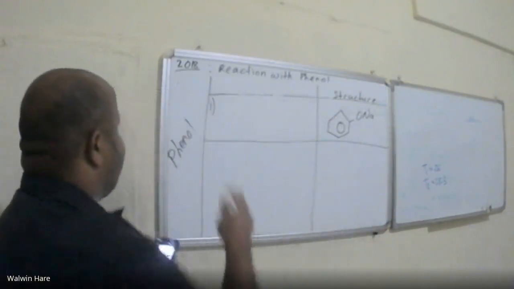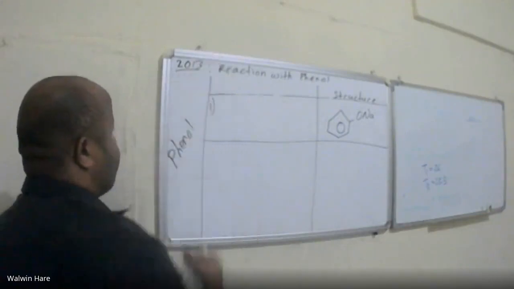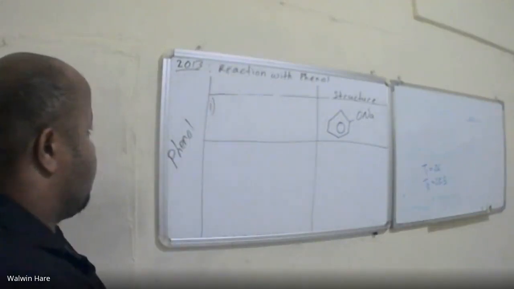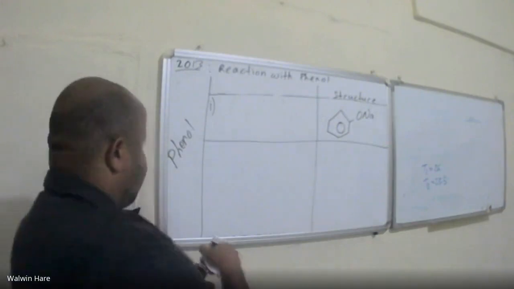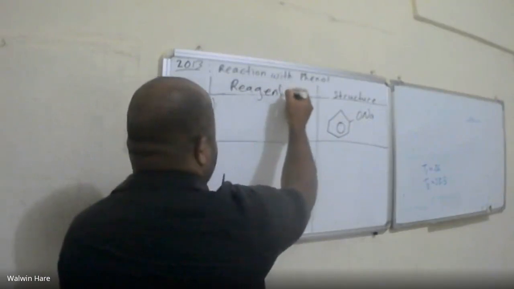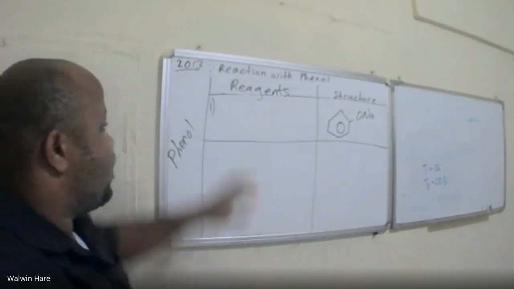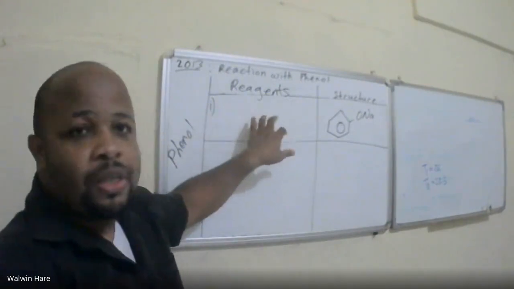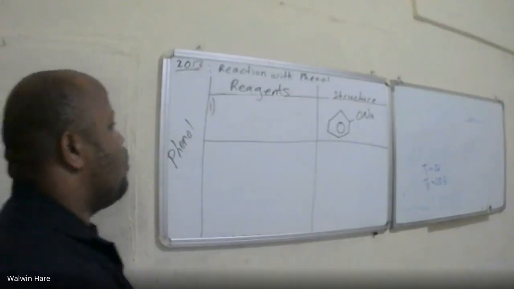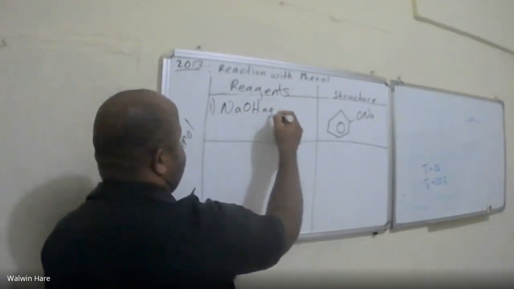All right, not 2018, this is from 2013. So if the product is sodium phenoxide, what is the reagent that we would use? Sodium hydroxide. Right. Or you could use what else? Which reactive metal? Sodium.